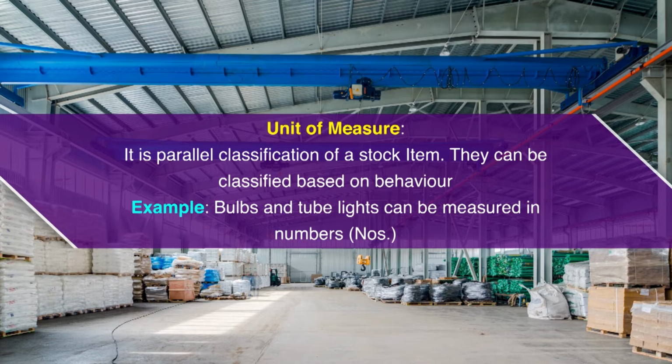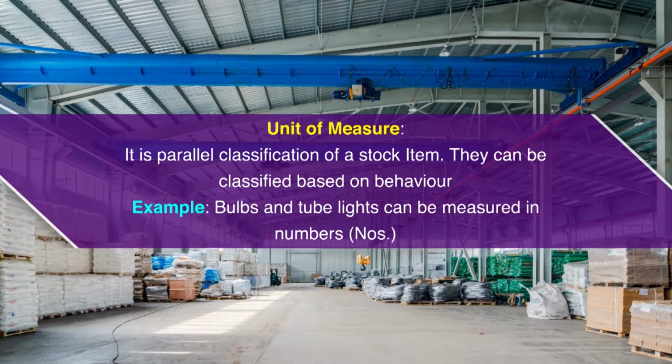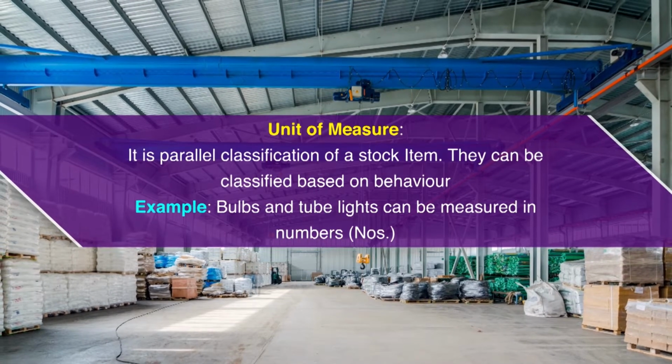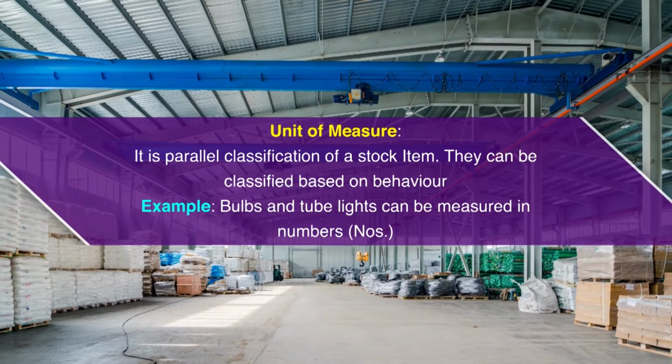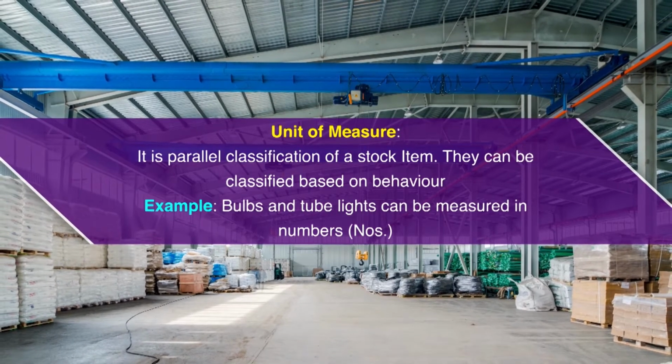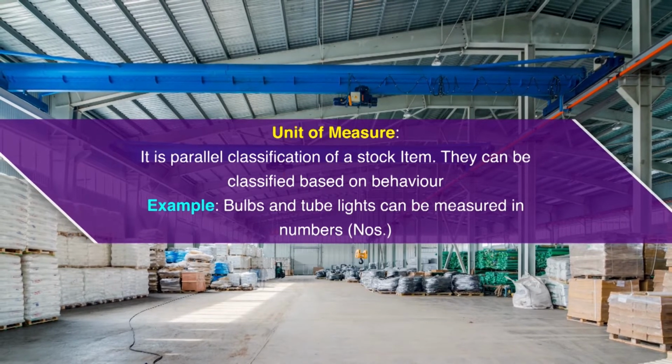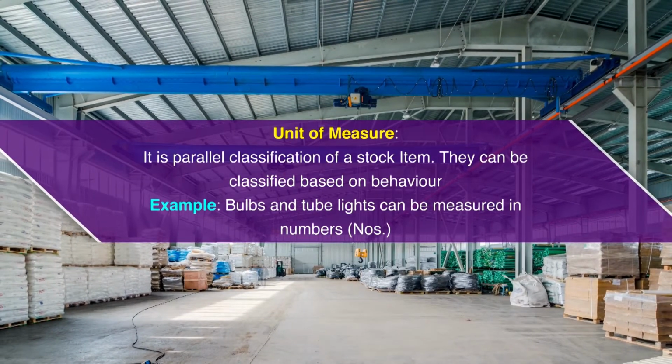For example, the bulbs and the tube lights can be measured in the unit as numbers, that we have 6 bulbs, we have 7 bulbs. So, the unit which will be used here will be numbers. Unit can also be pieces, it can be kg, it can be liters or it can be any measure of unit.